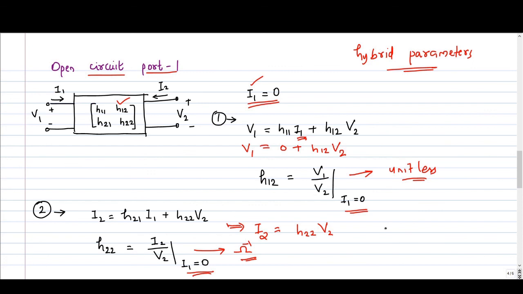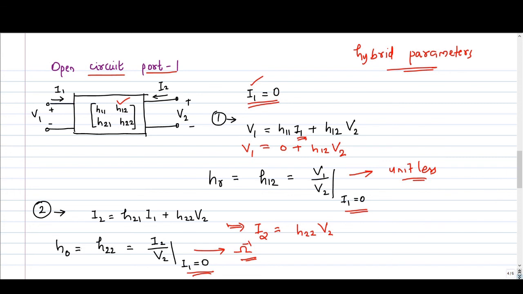Similarly, H12 is a ratio of two voltages, but this is input by output, or port 1 by port 2. So it is a reverse voltage ratio. So it is denoted as HR. And here H22 is I2 by V2. So it is current by voltage. So it is the driving point admittance of output port, and it is denoted as HO.